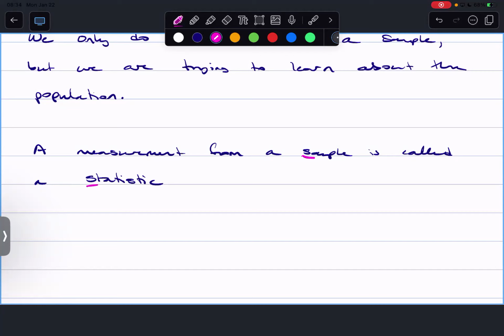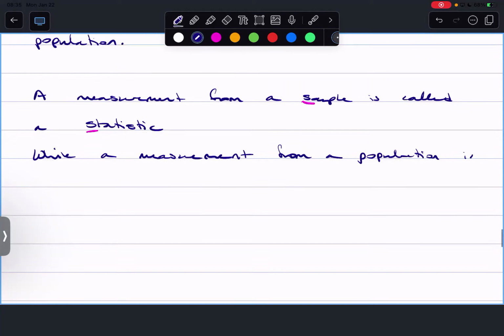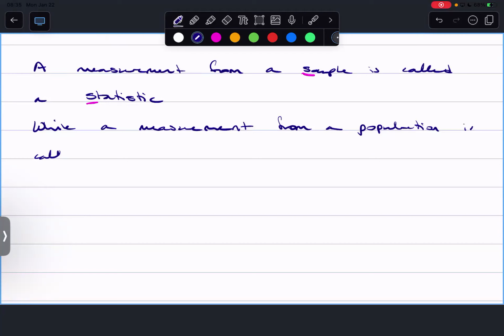Notice sample and statistic. While a measurement from a population is called a parameter. P and P.